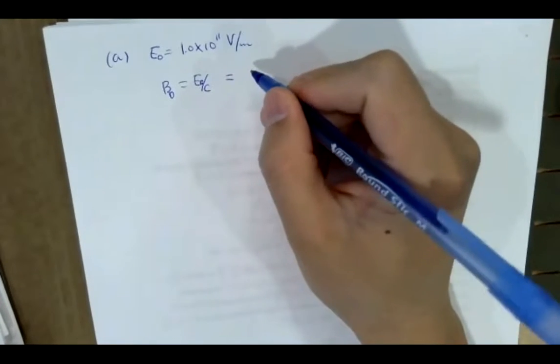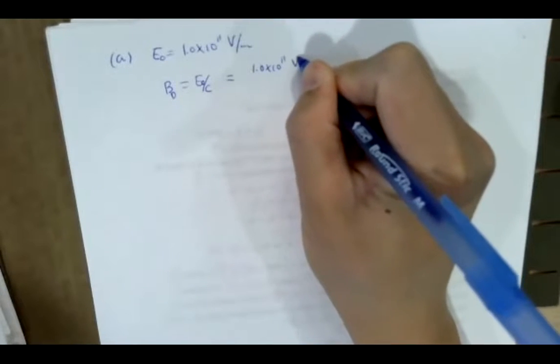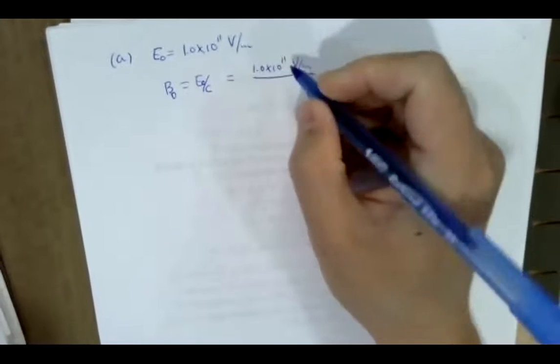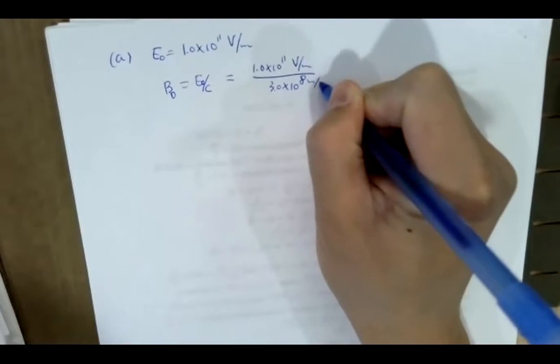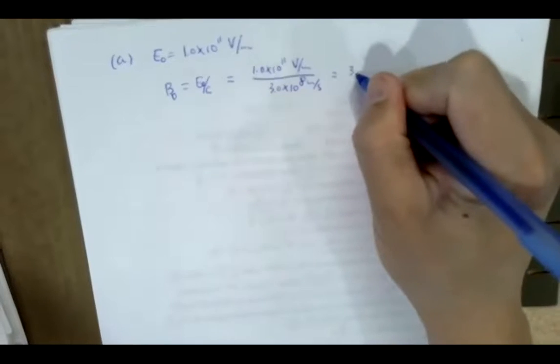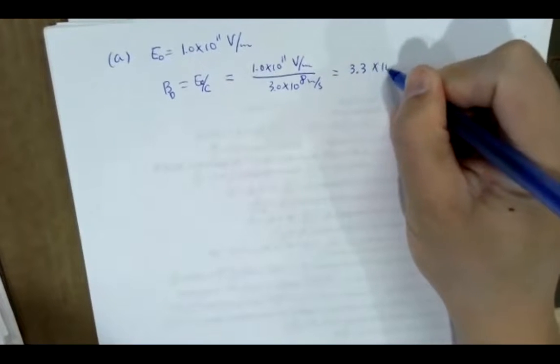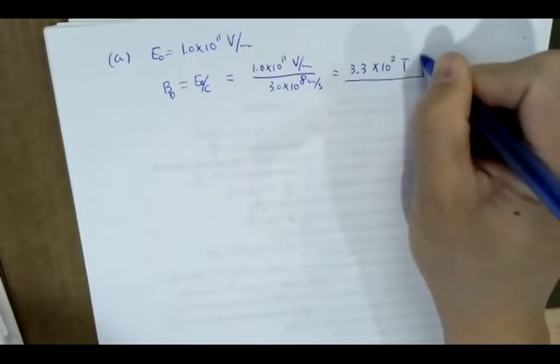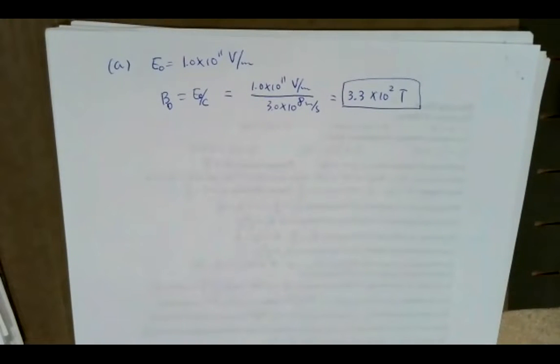So this will be 1.0 times 10 to the 11 volts per meter divided by 3.0 times 10 to the 8 meters per second. That gives you about 3.3 times 10 to the 2 Tesla. That's your maximum magnetic field possible.